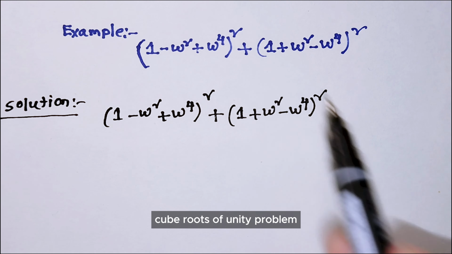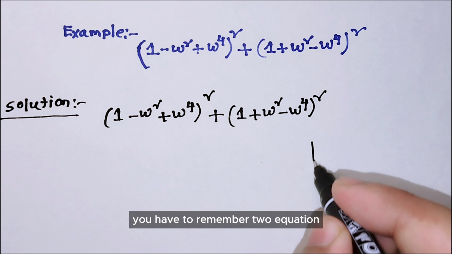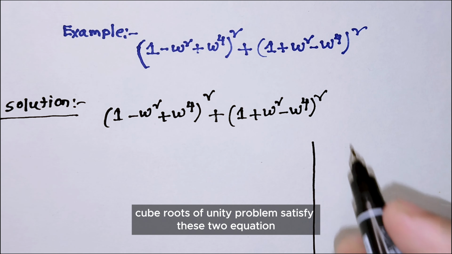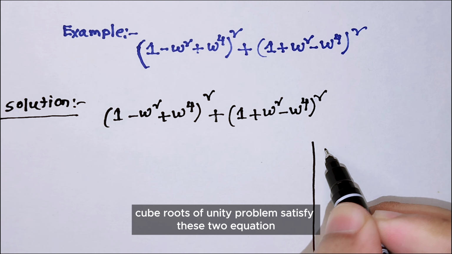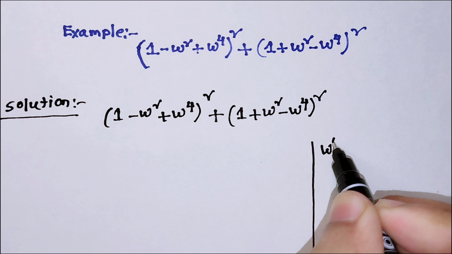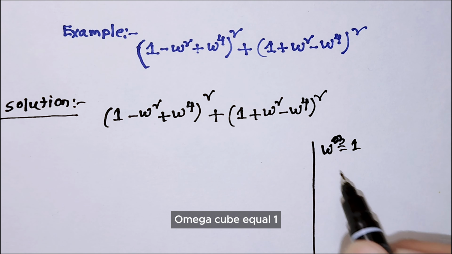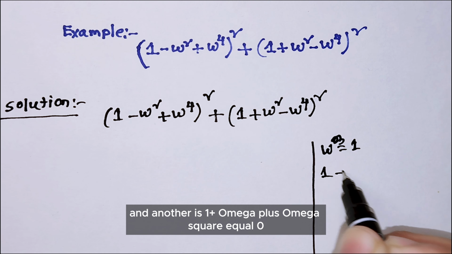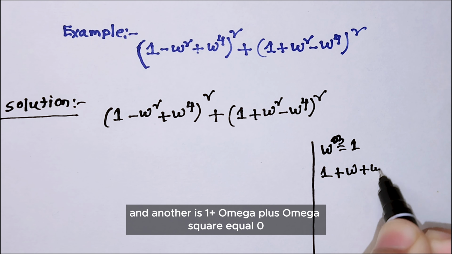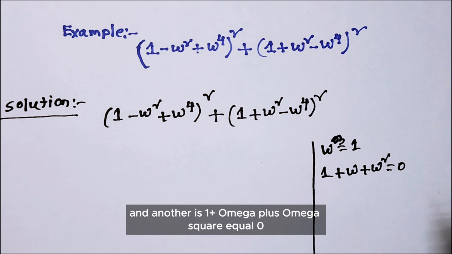In a cube roots of unity problem, you have to remember two equations. Cube roots of unity satisfy these two equations. One is omega cube equal 1 and another is 1 plus omega plus omega square equal 0.